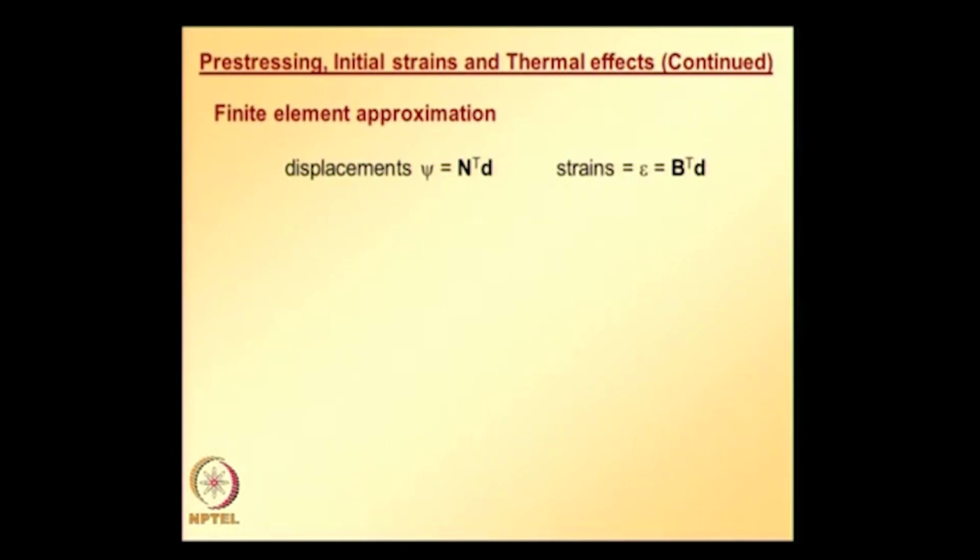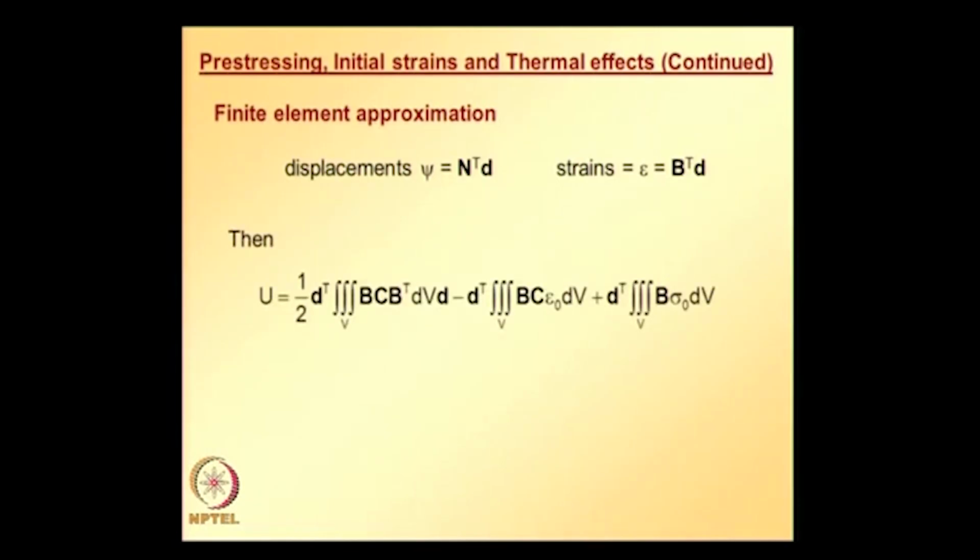So, finite element approximation of displacements N transpose d, strains B transpose d, substituting this into the previous equation in which constant terms are avoided, we get this, which can be written in a matrix and vector form in this manner, where each of the terms are defined like this.